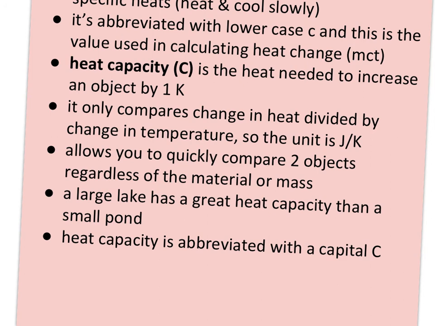So a large lake has a greater heat capacity than a small pond, which is why a large lake is better at moderating temperature. It helps to keep the city near it cooler in the summer and warmer in the winter, whereas a small pond's not going to have much of an effect on that because of its smaller heat capacity. And heat capacity is abbreviated with the capital C.